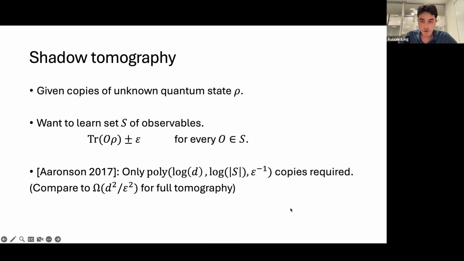But this protocol has a few pretty large caveats in terms of its practicality, such as it requires entangling many copies of the state, and it's very computationally inefficient.